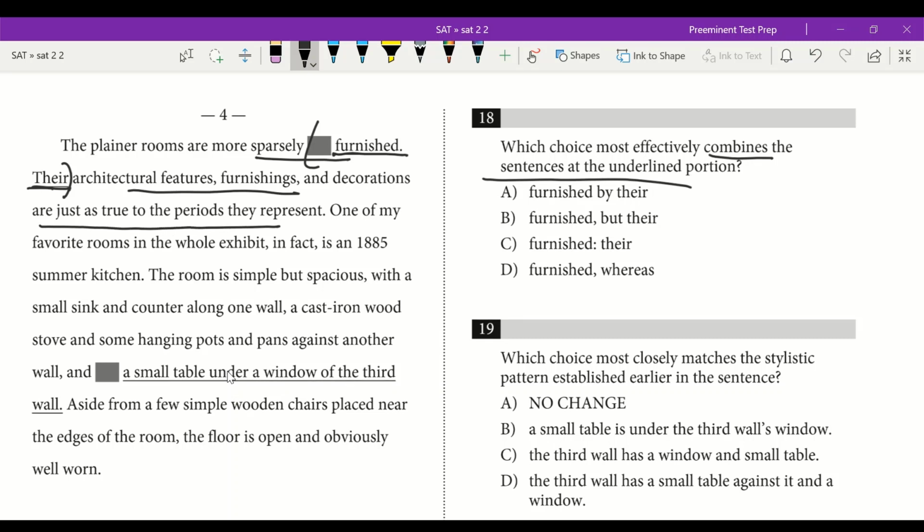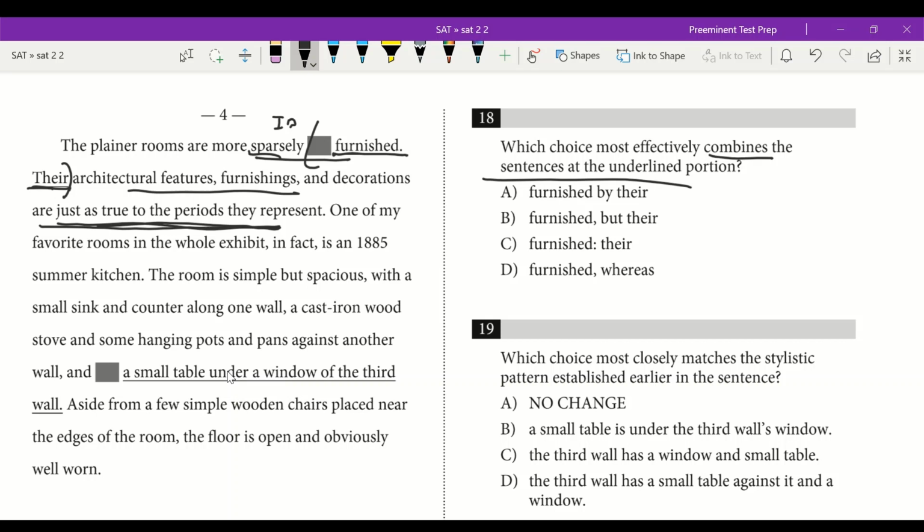So we're going from something that sounds not so great because it's sparsely furnished or didn't take as much time, to saying that it's still really good because the furnishings that are there are very true to the periods they represent. So I'm contrasting the first independent clause to the second. We're looking for a contrasting connection.